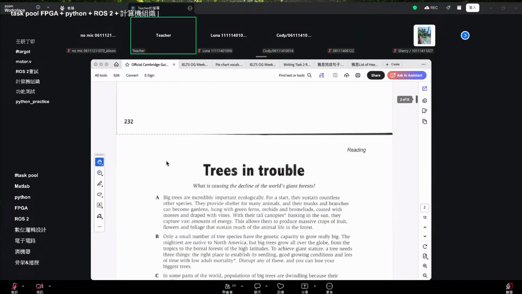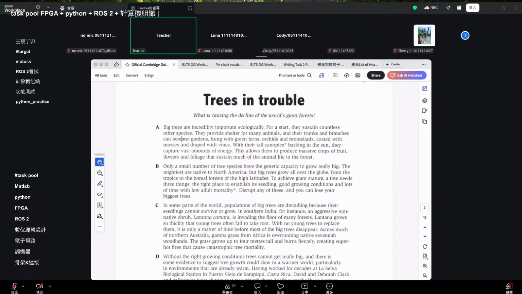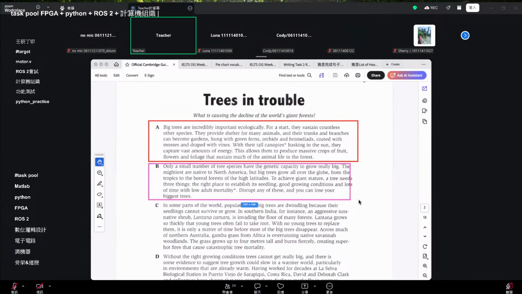This is very critical. Now, if we were to read the trees in trouble, I'm not thinking about doing too many paragraphs at a time, but if you could, please proceed at your own speed. The first part we're going to do is to focus on paragraph A. If we have additional time, we shall look at paragraph B as well as C.